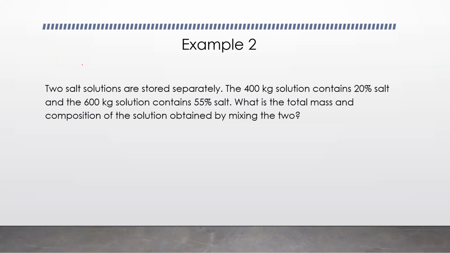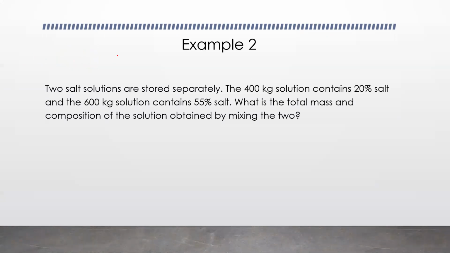Let's call it unit. Now this unit has one solution and a second solution coming in, solution number 1 and solution number 2, and they have been mixed, and a single solution has come out.